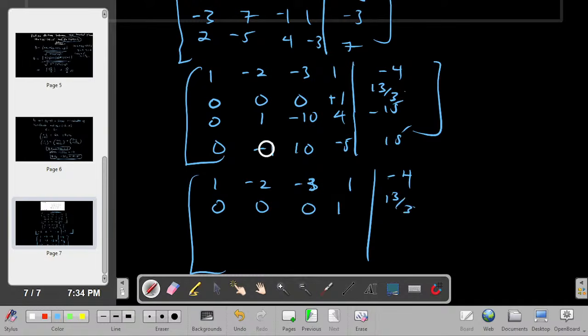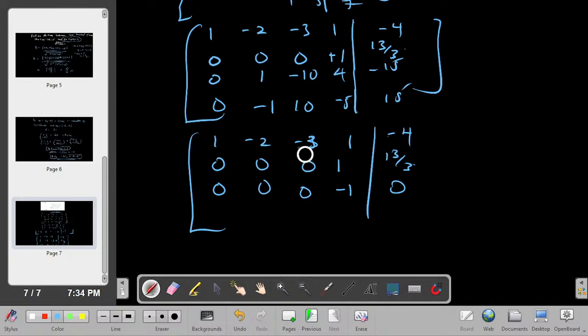When I add these two rows together, what do I get? Let me add these two rows and put it at my third row. I get 0, 0, 0, and I get negative 1. When I add, I'll get 0 here as well. Then the last row remains as what? 0, negative 1, negative 5, 15.